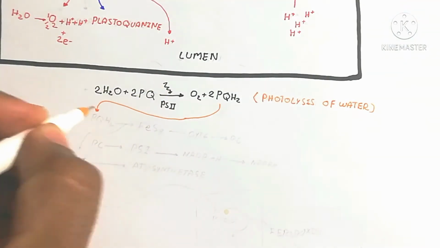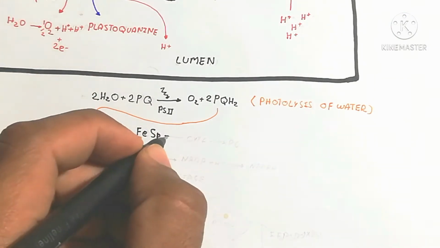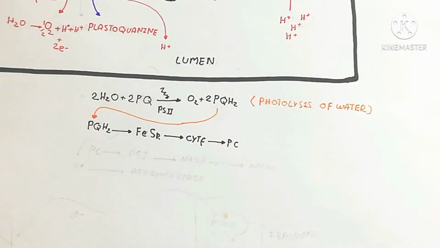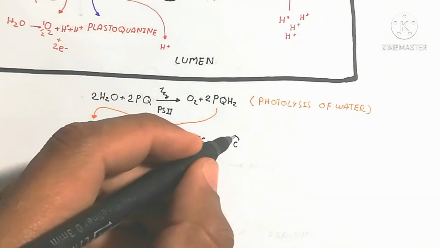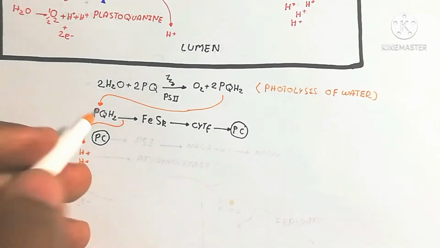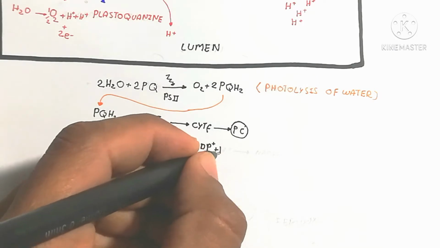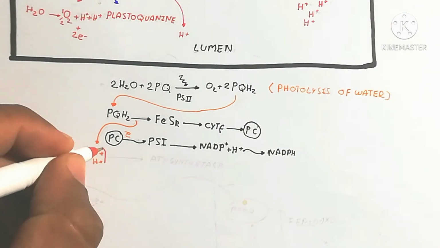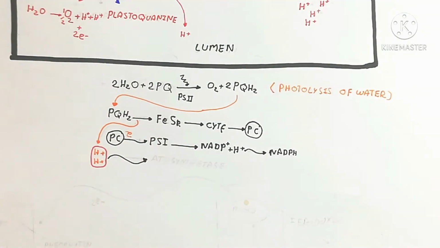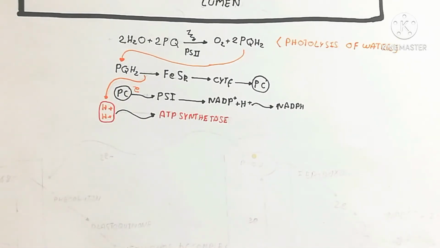For example, here I am discussing the photolysis of water. Here is the water, which is attached by plastoquinone to produce oxygen and PQH2 in photosystem 2. This PQH2, plastoquinone and hydrogen ions go to the iron sulfur protein, the iron sulfur complex to the cytochrome complex, and then plastocyanine accepts, and plastocyanine passes on to photosystem 1 and then NADP plus.